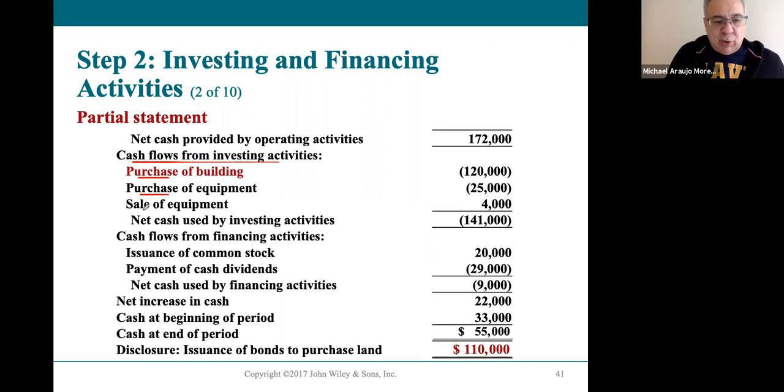But remember, they sold off some old equipment for $4,000. Well, that $4,000 is cash coming in from selling the equipment. So when you look at the use of cash for the building and the equipment compared to the 4,000 coming in, they used 141,000 for their investing activities.